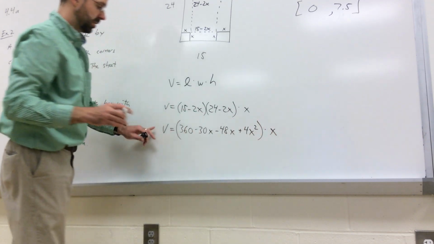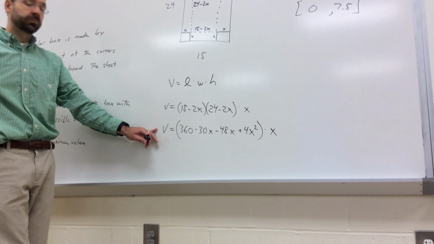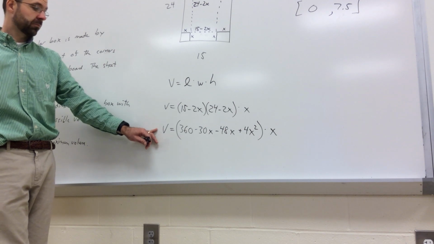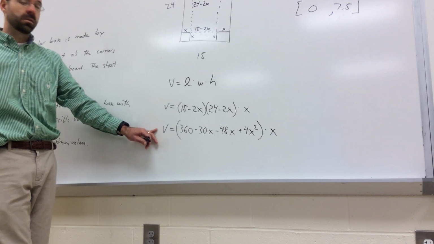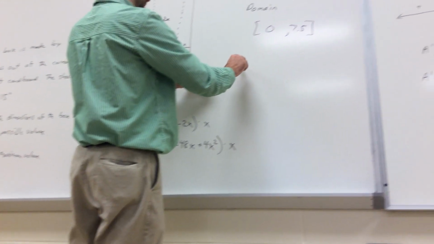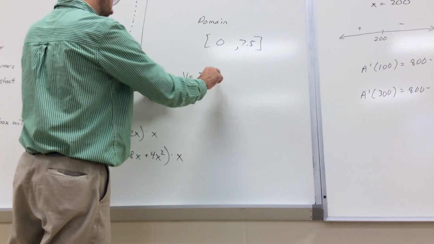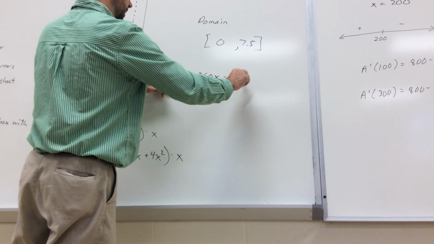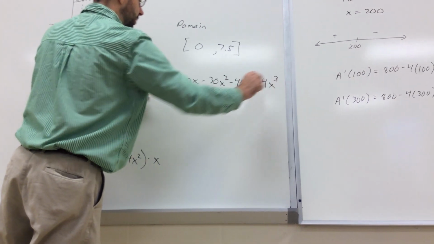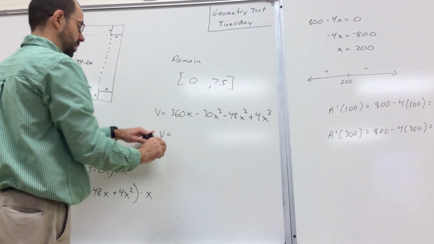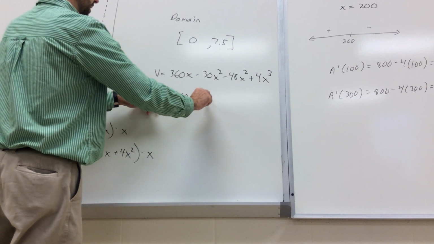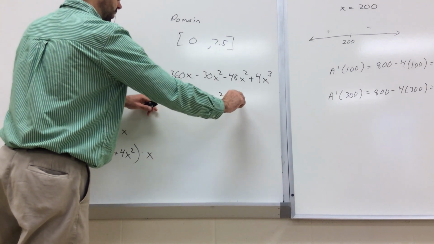And then you times that by x. Then you can distribute the x. So that would be 360x minus 30x squared minus 48x squared plus 4x cubed. Then you can collect like terms, so 360x minus 78x squared plus 4x cubed.